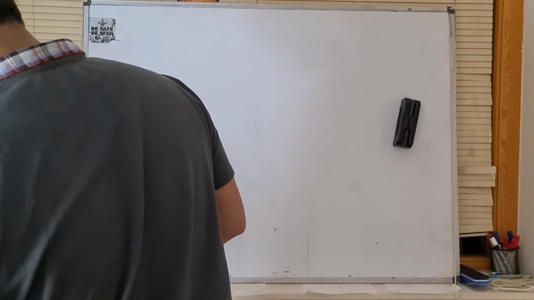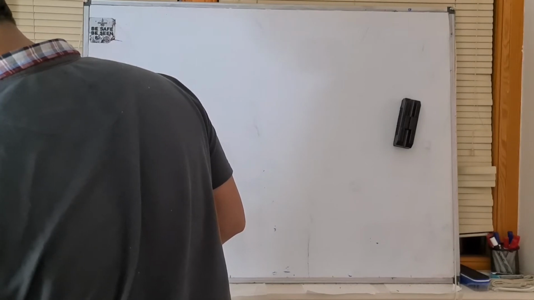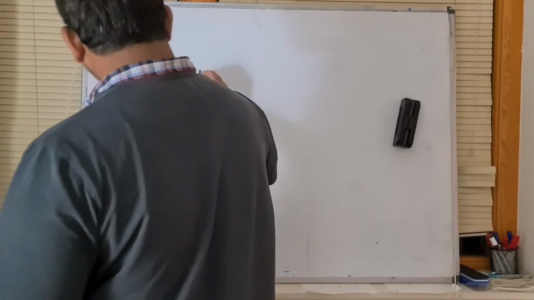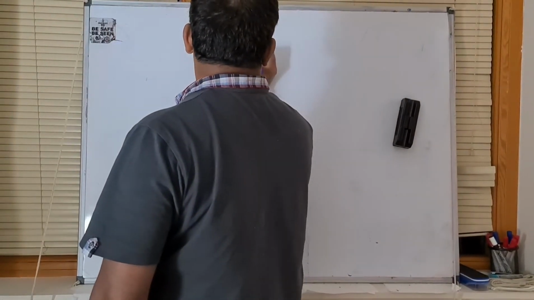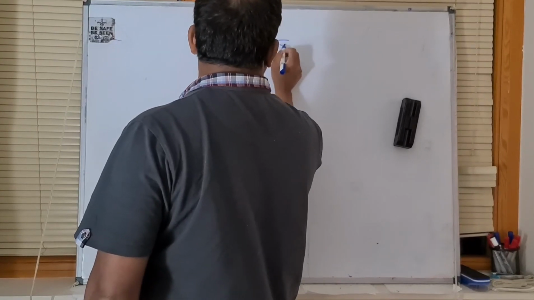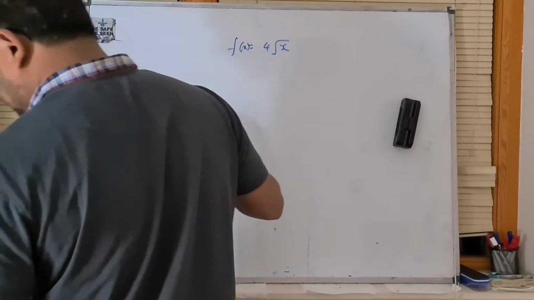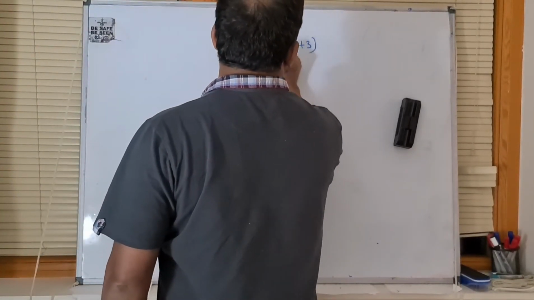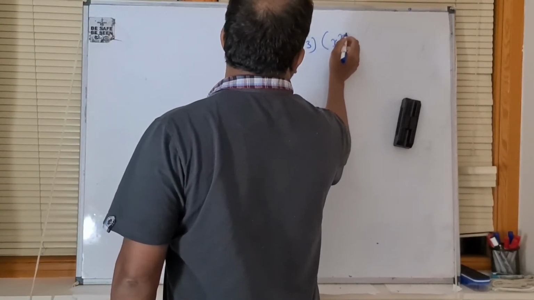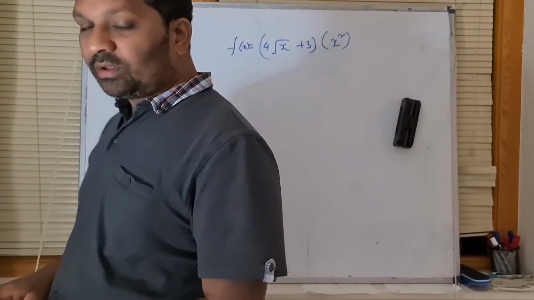By multiplying before differentiation, compare your results and check the product rule. So f of x is equal to 4 square root of x plus 3, into x squared. What formula are you going to apply?